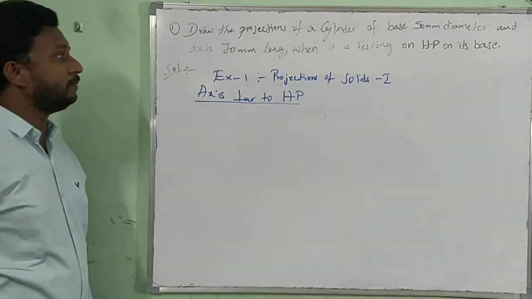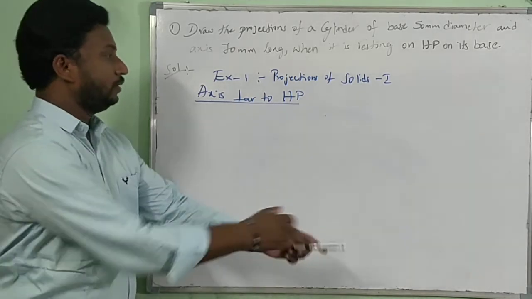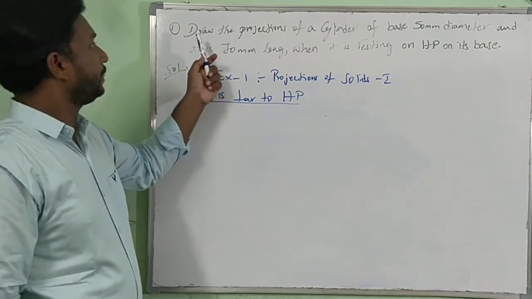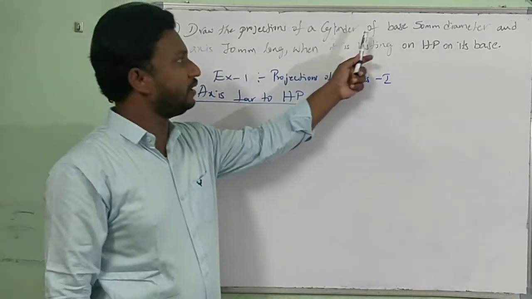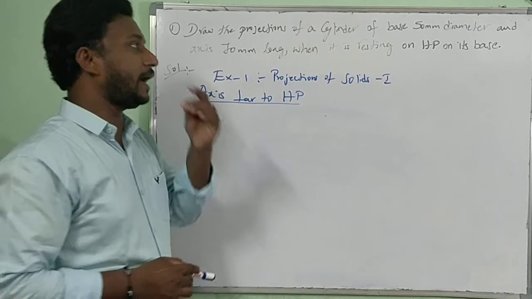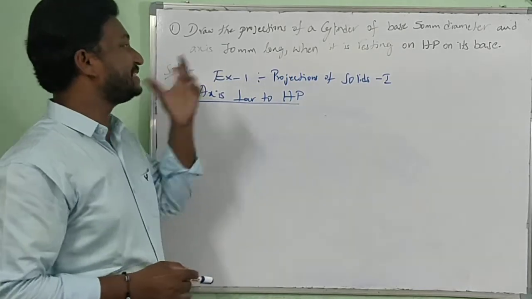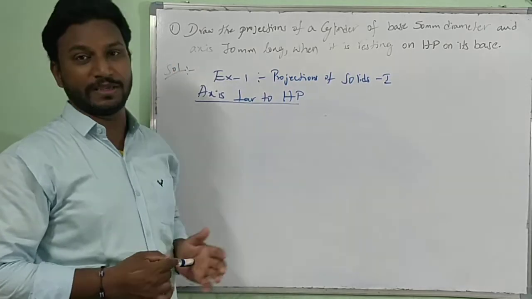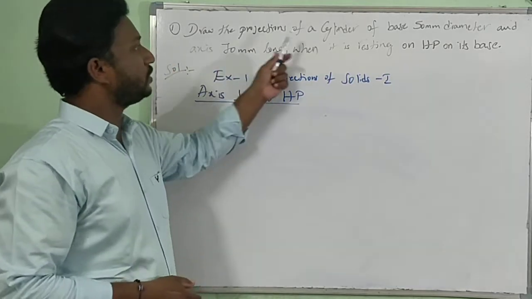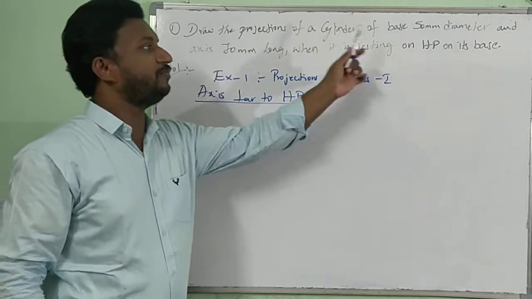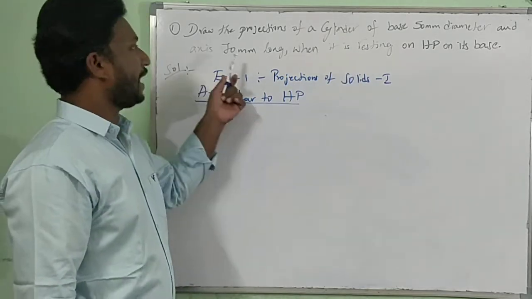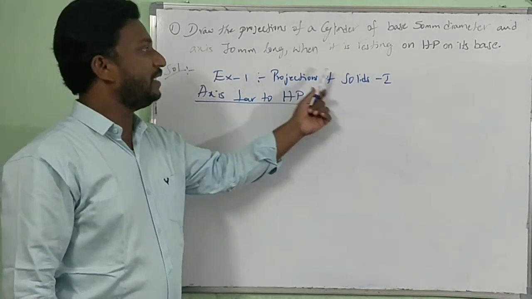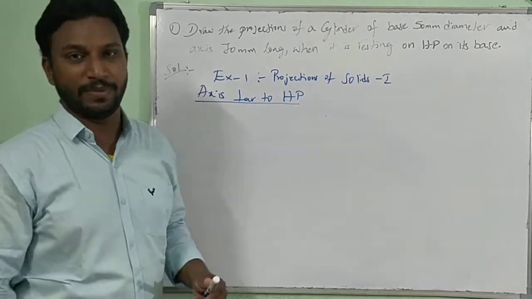Coming to the first problem. I hope it's visible. Draw the projections of a cylinder of base 50 mm diameter and axis 70 mm long when it is resting on HP on its base.